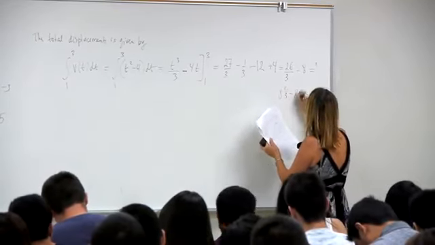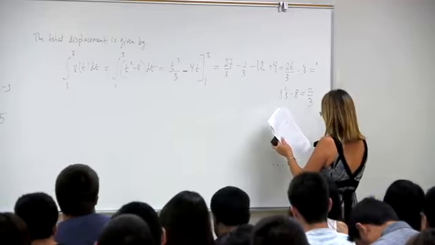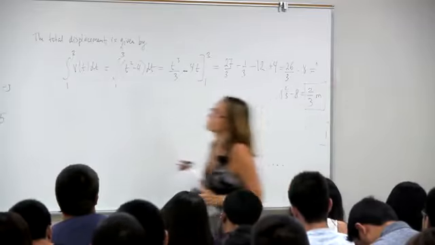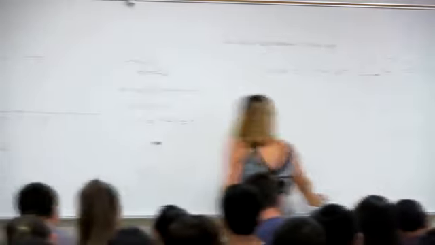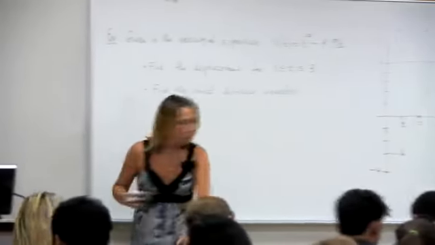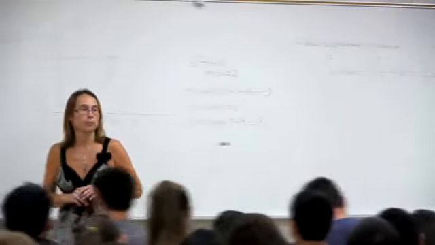I'm doing it carefully so I get the precise number. 2/3 of a meter. Okay. So my total displacement between seconds 1 and 3 is given by 2/3 of a meter. Not very far, right? Questions?